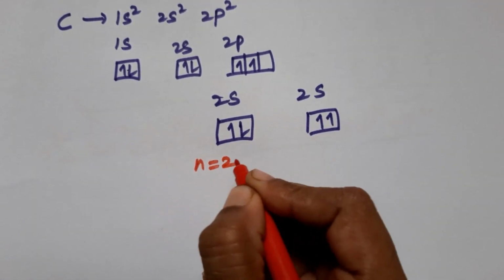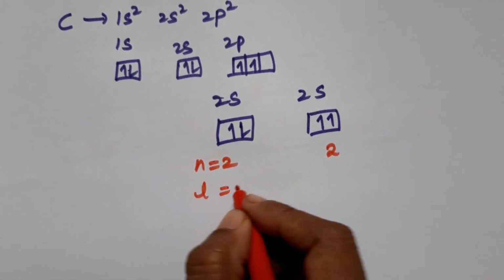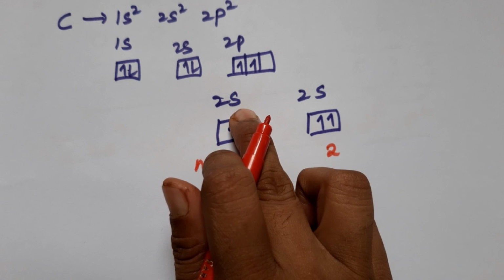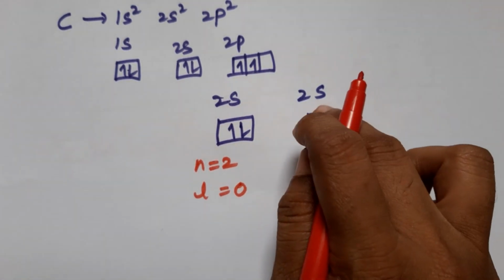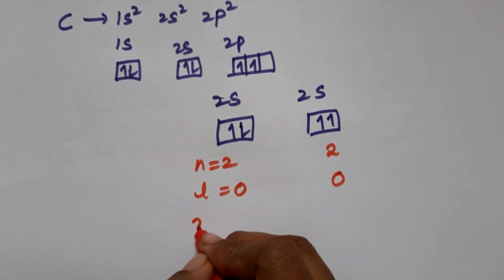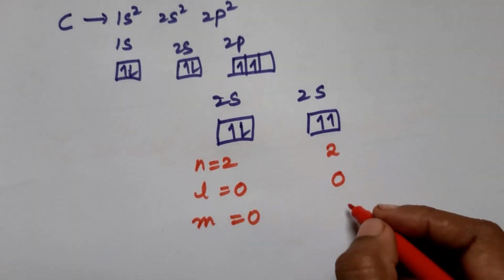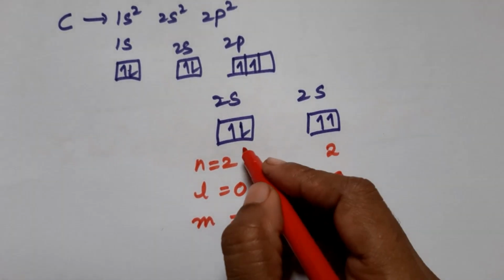Here n is equal to 2, here also 2. L is 0 because it is an s orbital, and here also L is 0. For m also the value is 0, here also the value is 0.